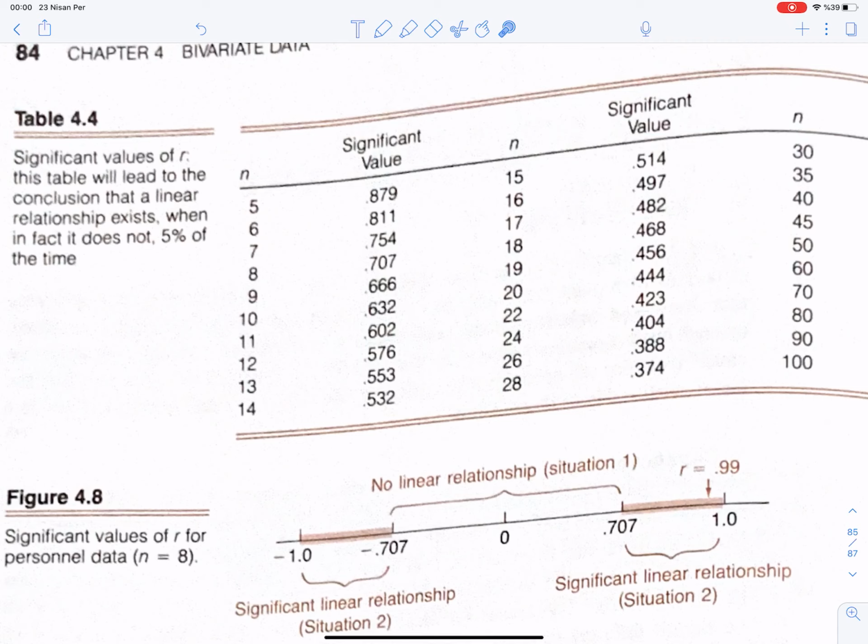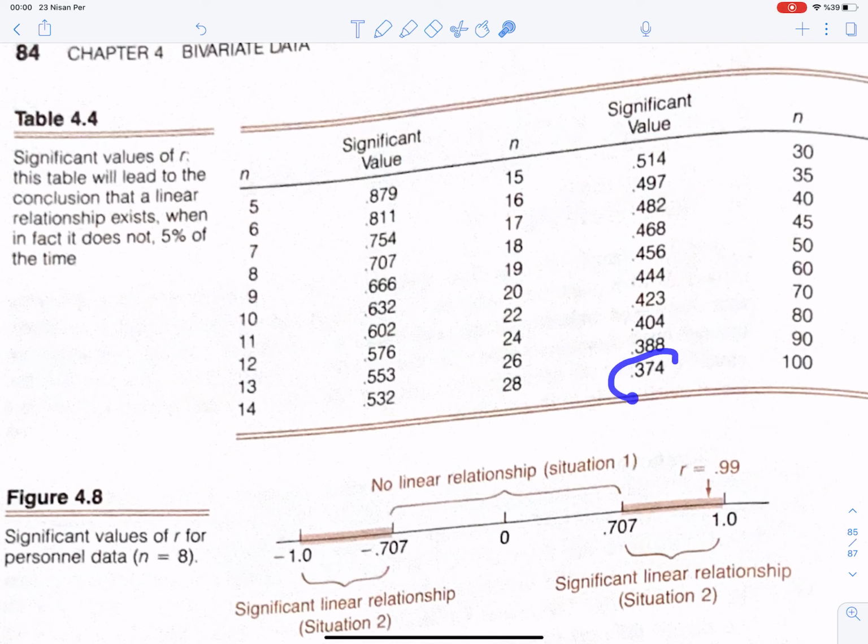But in fact, even if it is 0.532, which is equivalent to this one, this one uses around 14 observations, and this one is using only 5, so you must be very careful.